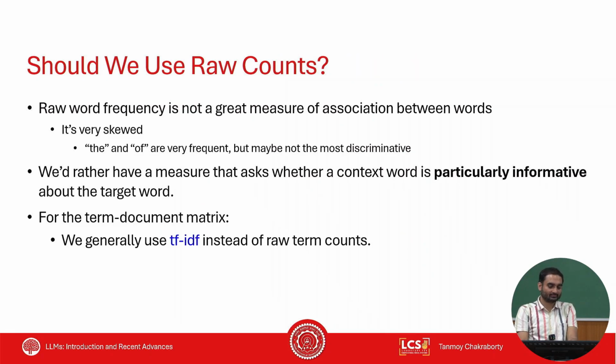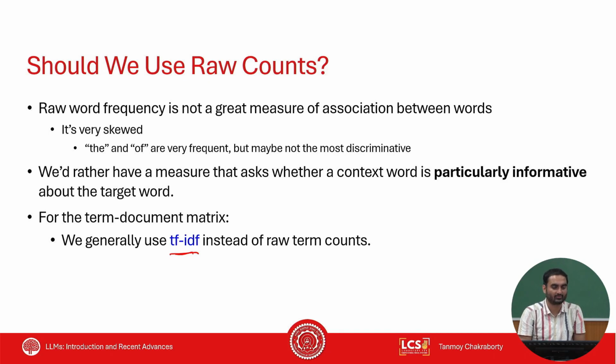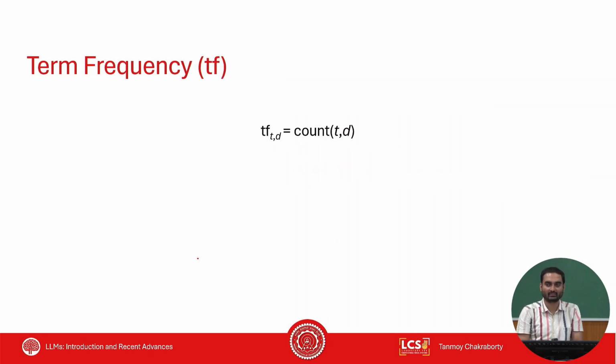So what we do here, from a raw count of terms and context, now we move towards a slightly advanced concept called TF-IDF. Okay, so what is TF-IDF? In TF-IDF also we are going to create this matrix. Remember this. TF stands for term frequency and IDF stands for inverse document frequency. Let's first discuss TF.